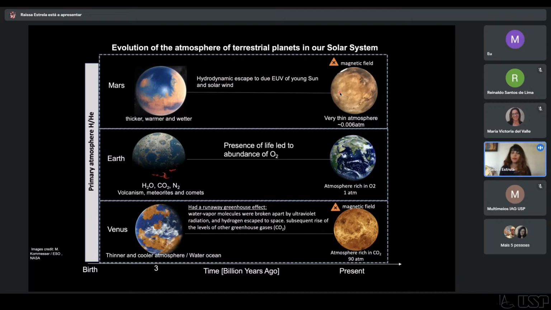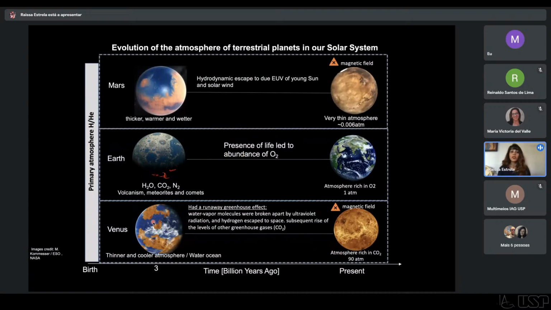And in the case of our planet, Earth, the secondary atmosphere was developed due to volcanism, mostly outgassing due to volcanism, and also there were some contributions from meteorites and comets. But the presence of life changed everything, and this atmosphere became an atmosphere that's oxygen-rich.